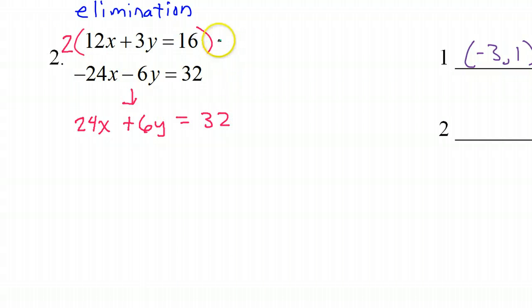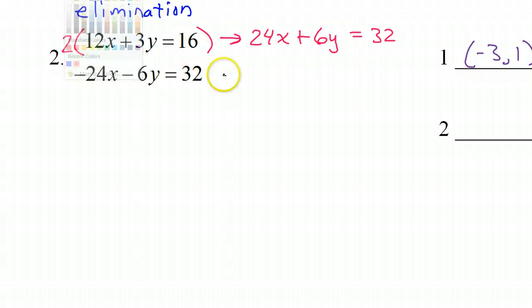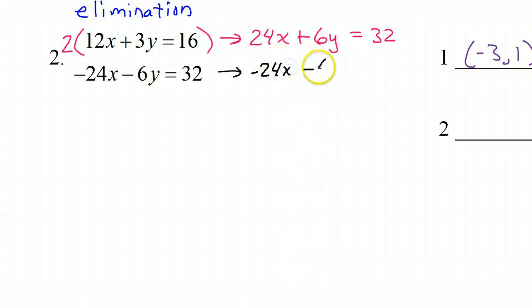Alright, you have to multiply everything. Now, meanwhile, the bottom equation doesn't have to change at all. So I've got negative 24x minus 6y is equal to 32.